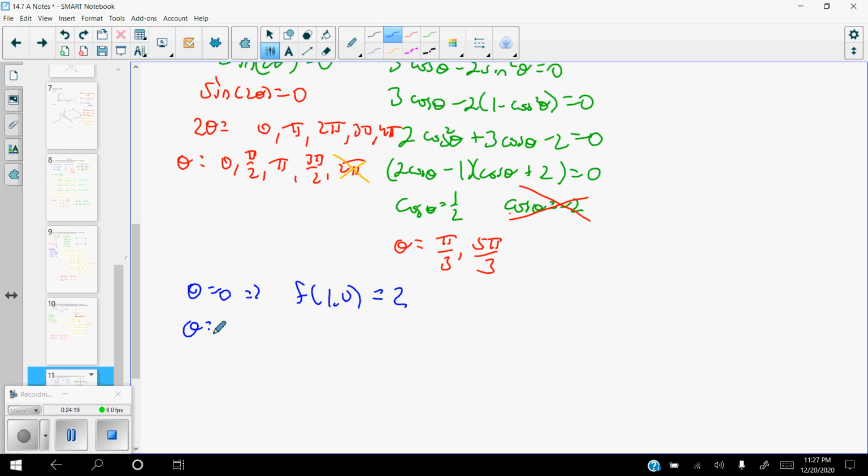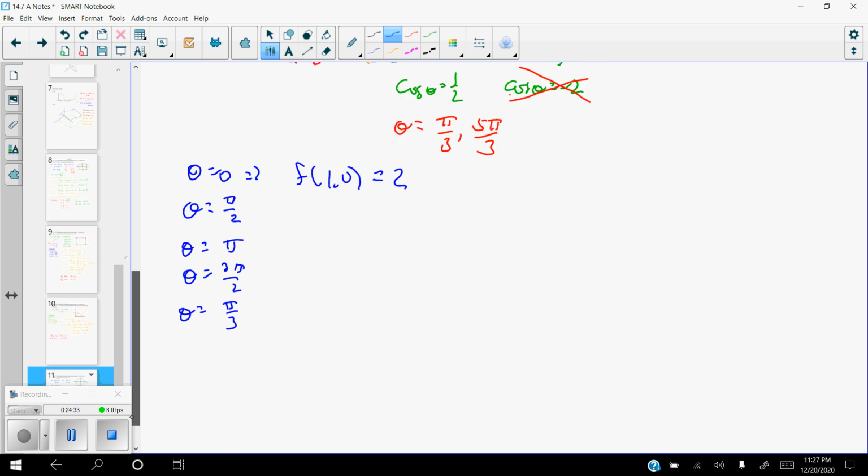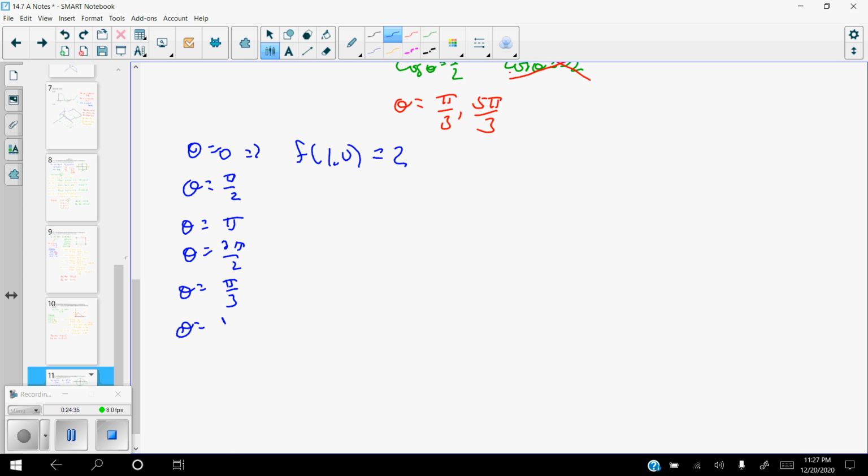Okay, we have to do this for all of them. So we're going to have to do this for pi halves, pi, 3 pi halves, pi thirds, and 5 pi thirds. Lots of values to do here.